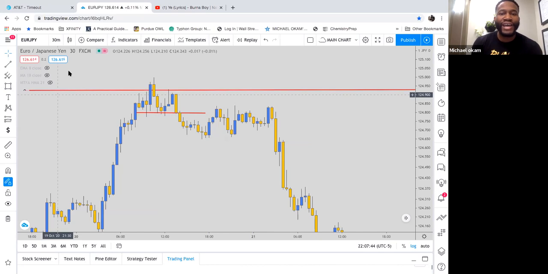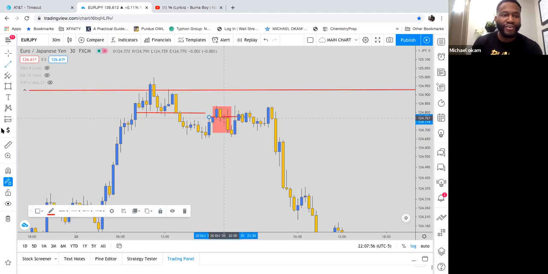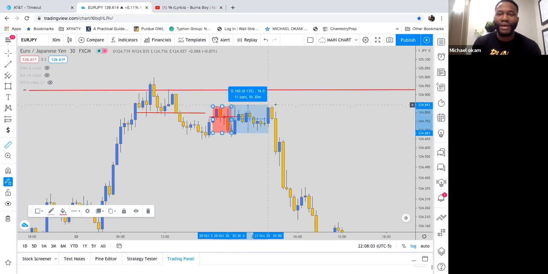Because think about it, guys. If you would have entered right here, say you use these three candles, 1, 2, 3, and you entered right here. Look at the drawback. I mean, a 15 pip drawback is cool. Y'all cool with a 16 pip drawback?